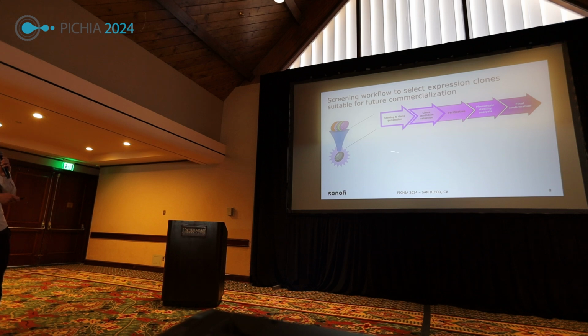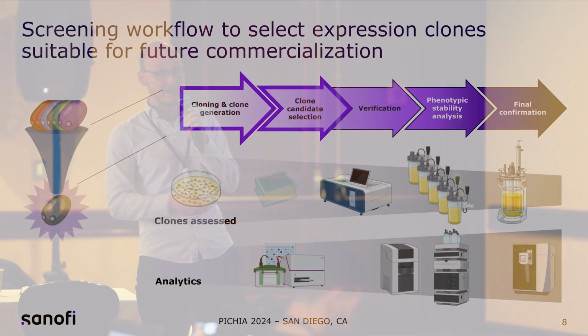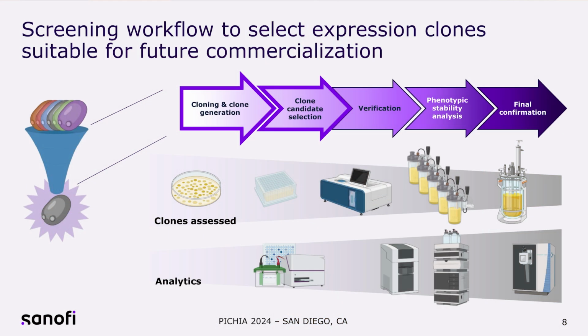And what I've just shown you, identifying or generating clones and identifying interesting clone candidates, is typically just the first step in a typical screening approach. The next step would be verifying the previously generated results, looking at phenotypic stability, with a focus on expression characteristics and quality aspects, and then final confirmation.